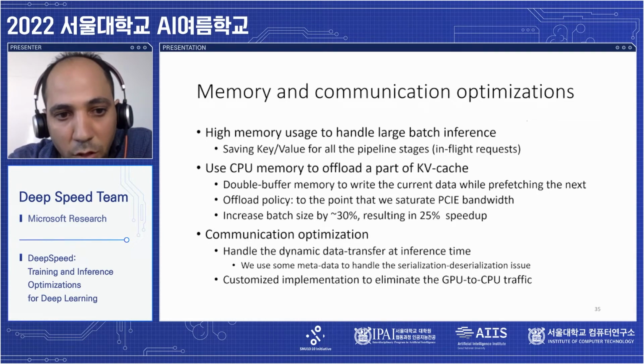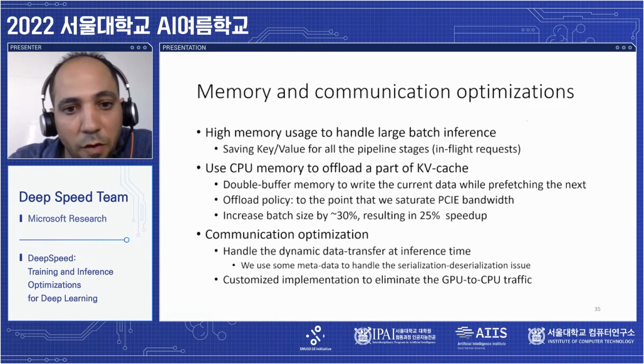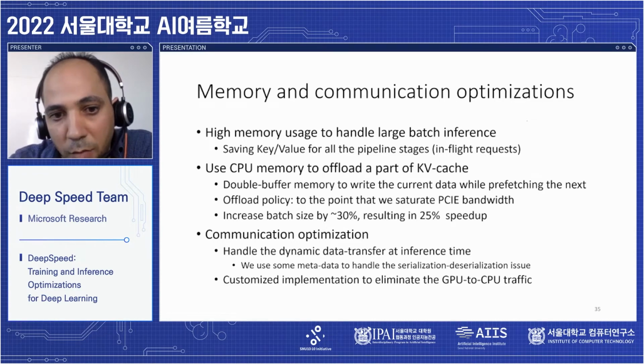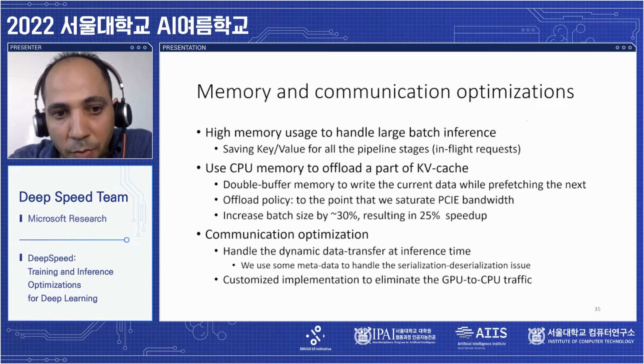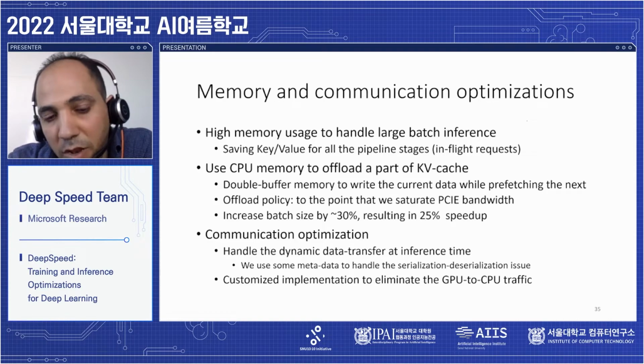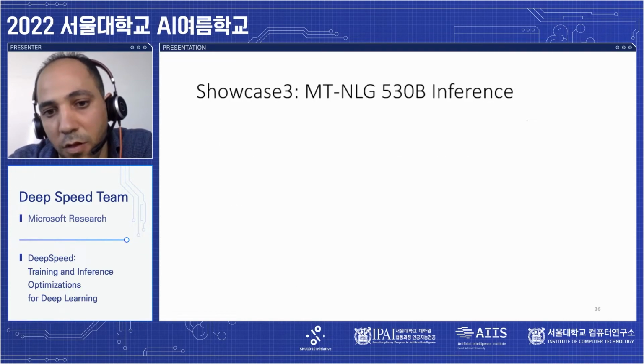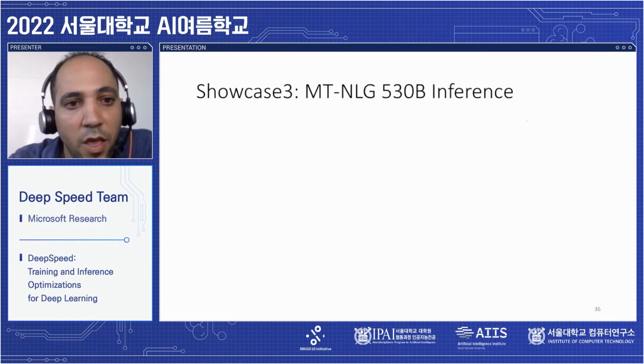For the communication optimization, we have a customized way of communication where we use metadata that shows the amount of data that we want to transfer ahead of time, so that we can remove the serialization and deserialization issue. And also it eliminates the CPU to GPU traffic that was seen in the previous approaches.